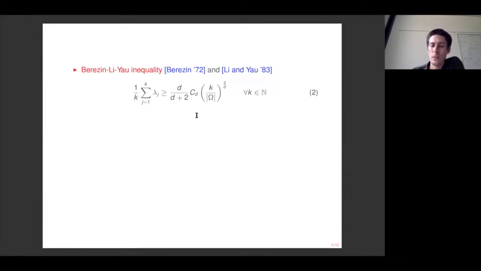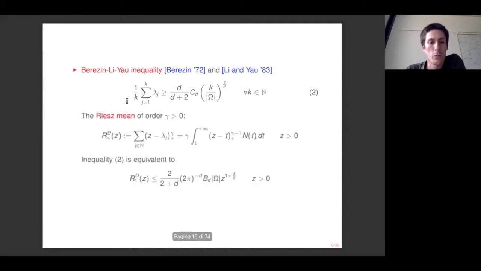As for the eigenvalues, one can rephrase things for the counting function. Also for this more regular quantity, one can rephrase things in another framework, which is the framework of Riesz means. I recall that the Riesz mean of order gamma is the function defined by this sum here, which is always a finite sum since the eigenvalues are diverging to plus infinity and we are taking the positive parts.